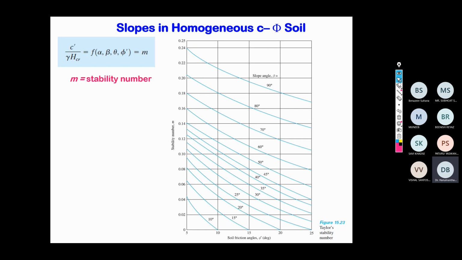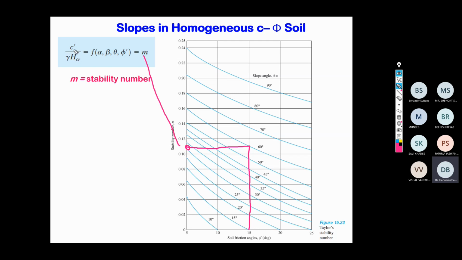Say for example, I have assumed phi'd of 15 and beta of 60. So this is the line of intersection. From there you draw one horizontal line onto the ordinate. This will give you your stability number, so this is the value of m.